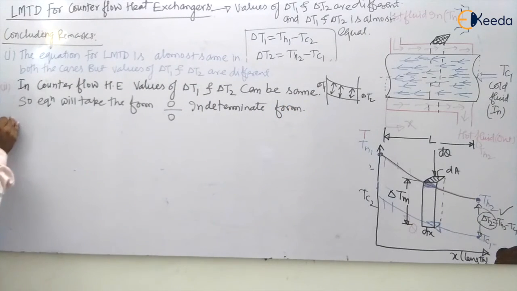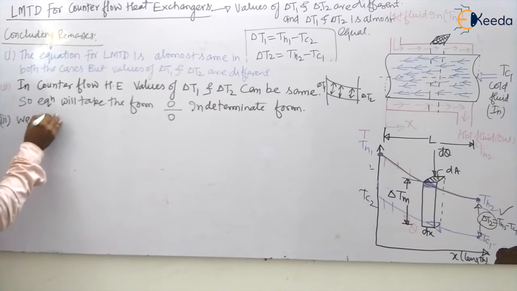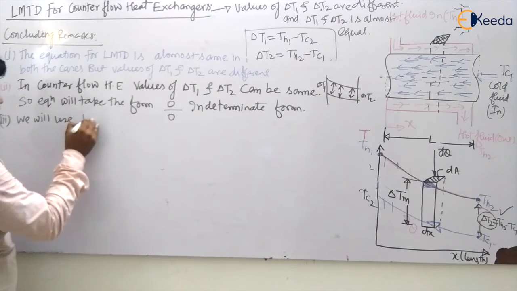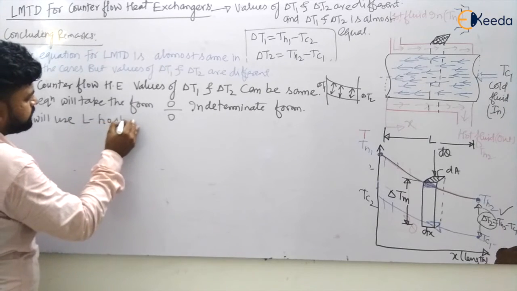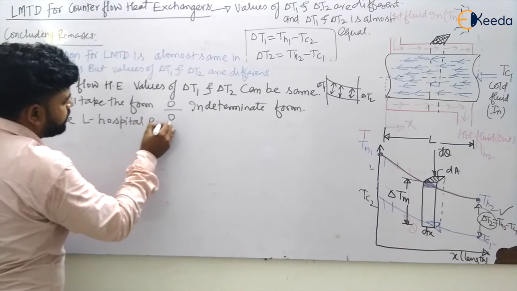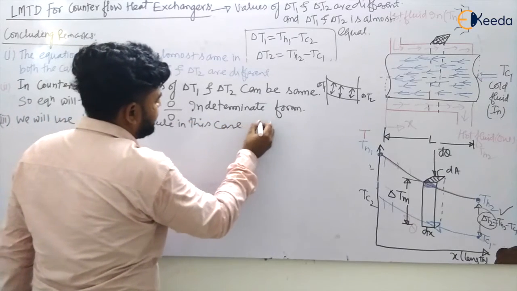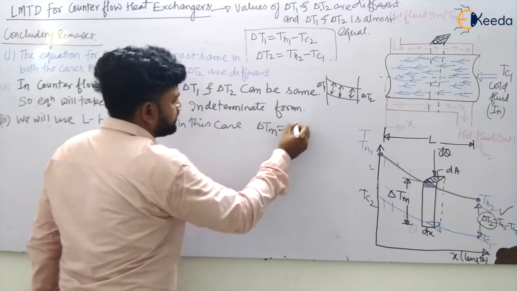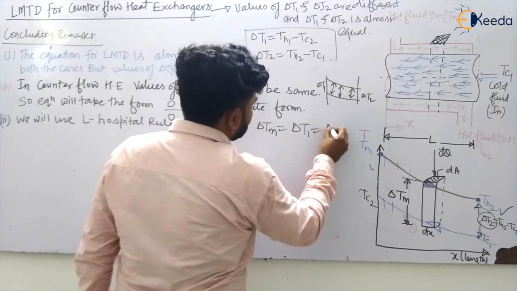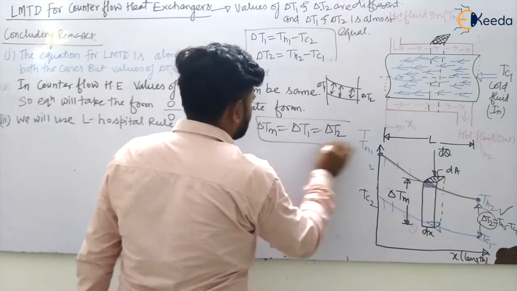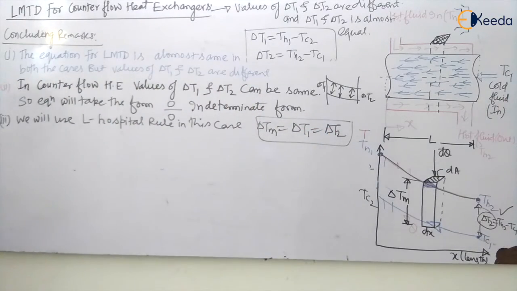So number third, we will use what? L'Hospital rule. In this case, delta Tm will be taken as delta T1 is equal to delta T2, my dear students.